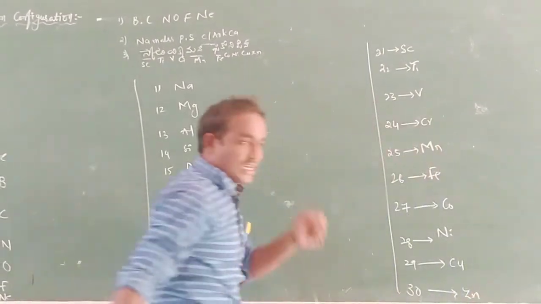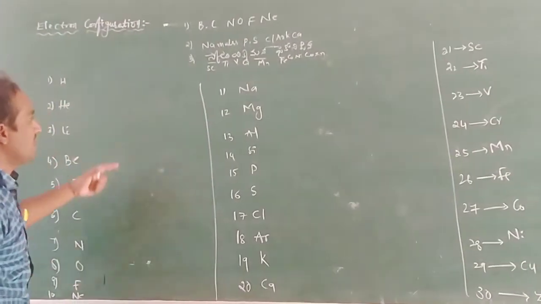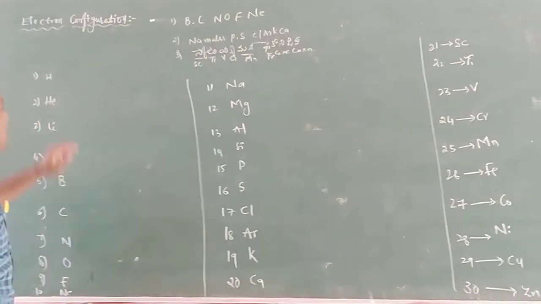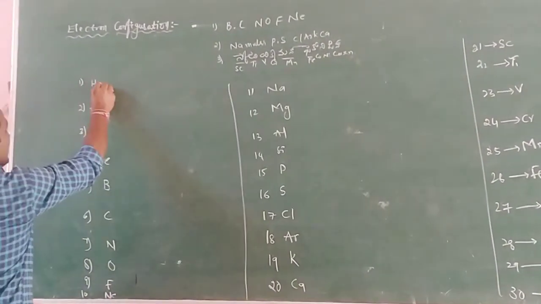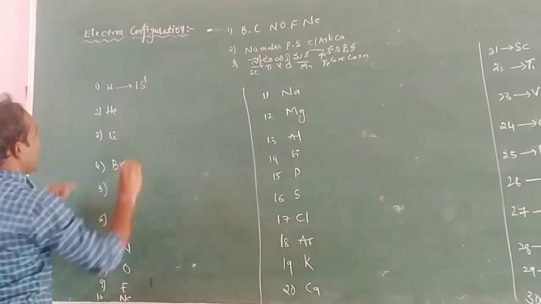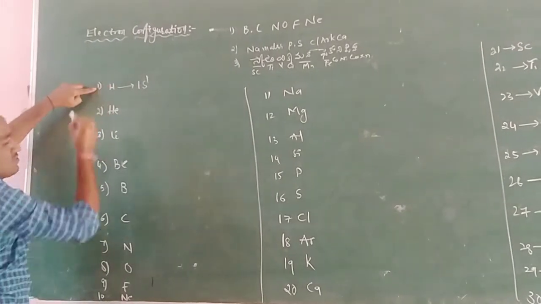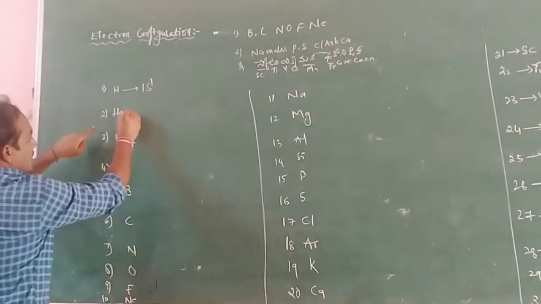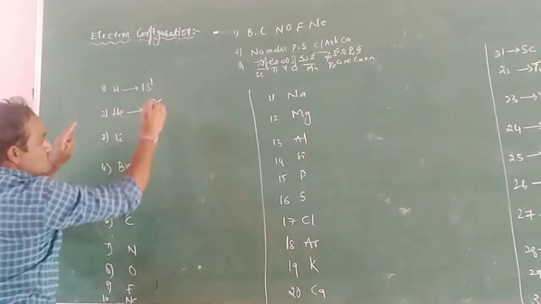So these are 30 elements. How can we write the electron configuration using the Aufbau diagram? See here, it is 1s1, atomic number 1. Next is 1s2.